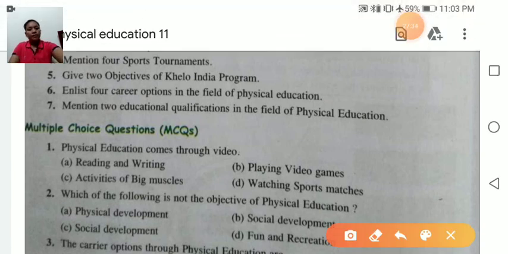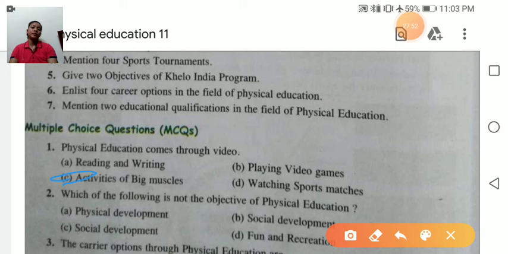Multiple choice question. Physical education comes through reading and writing, playing video games, activity of big muscles, or watching sports matches. Physical education comes through activity of big muscles. Which of the following is not an objective of physical education?